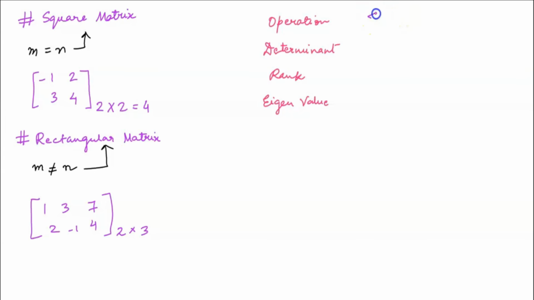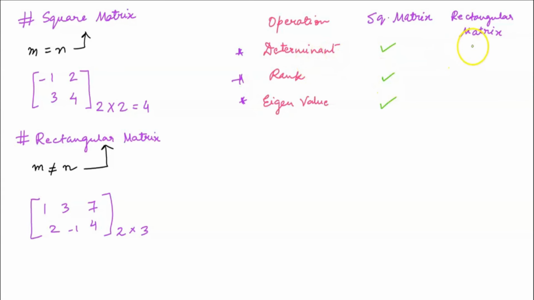So if I write square matrix on this side and rectangular matrix on this side, determinant exists for a square matrix, rank exists for a square matrix, and eigenvalue also exists for a square matrix.